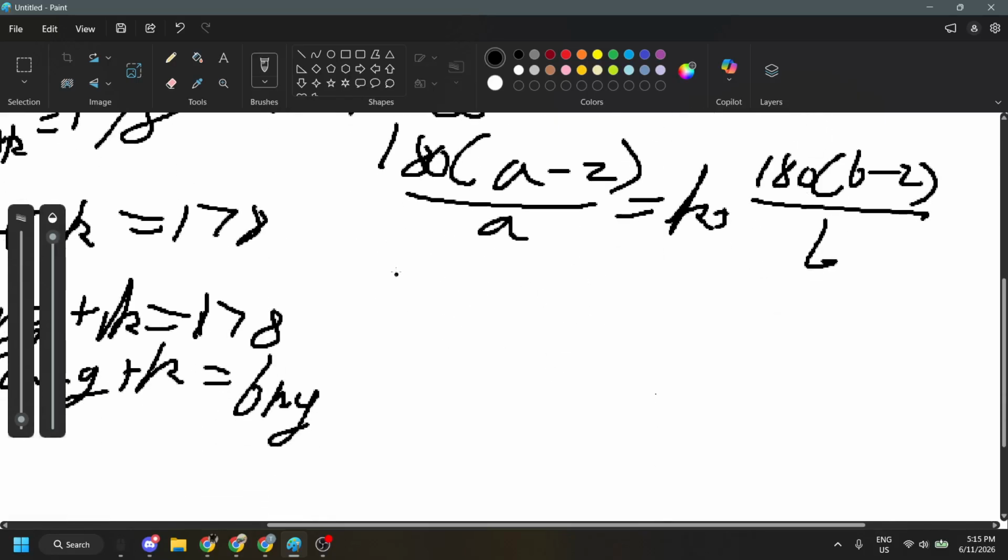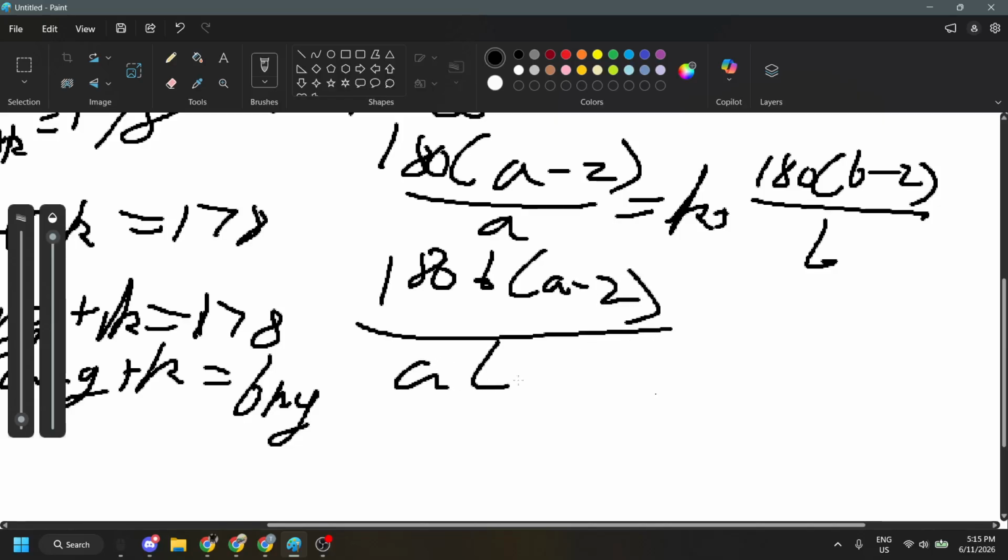So like 180 times b times a minus 2 over a times b minus 2 is equal to k.